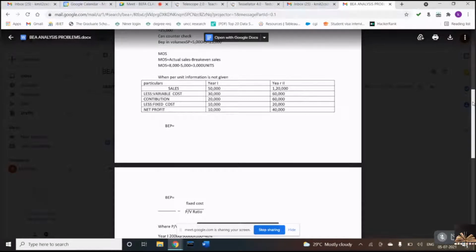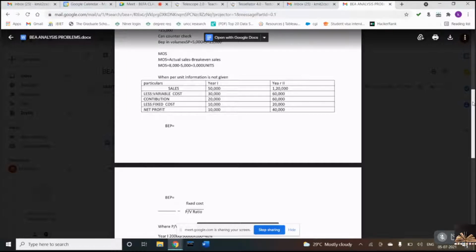Fixed cost rupees 60,000. Question A, calculate break-even point at volume and value.